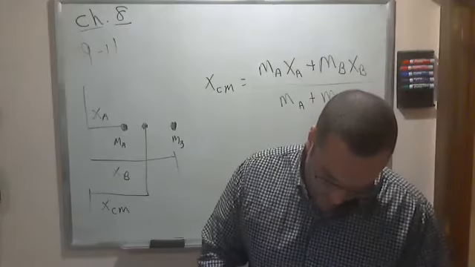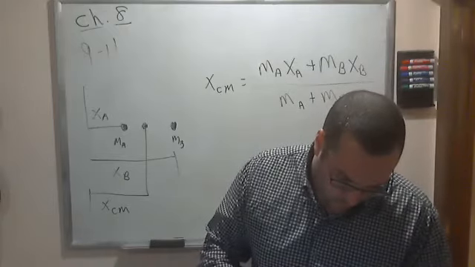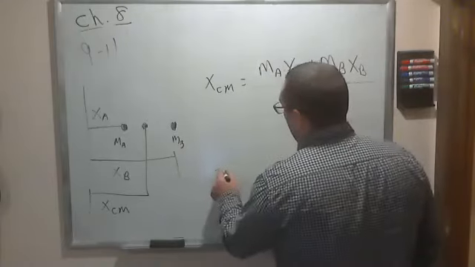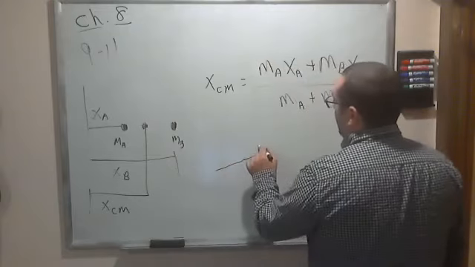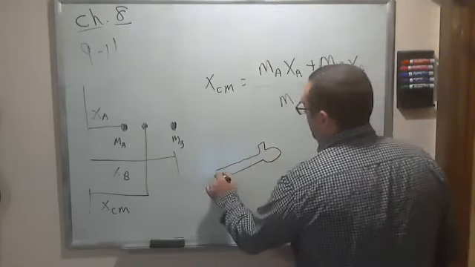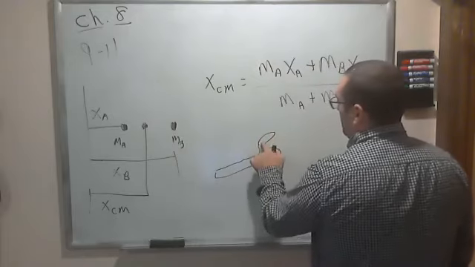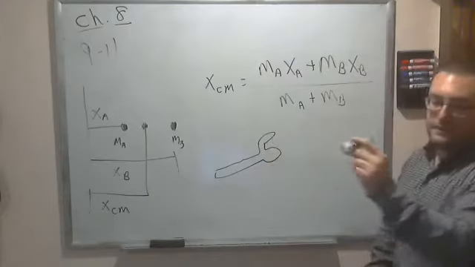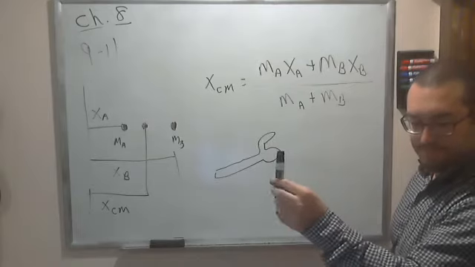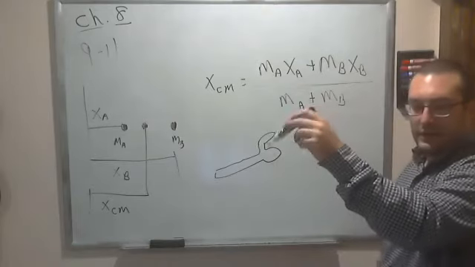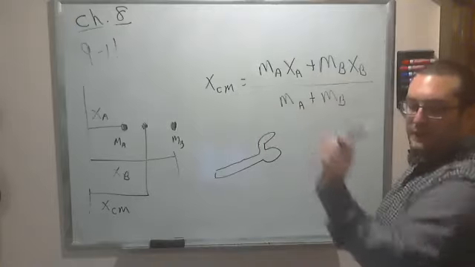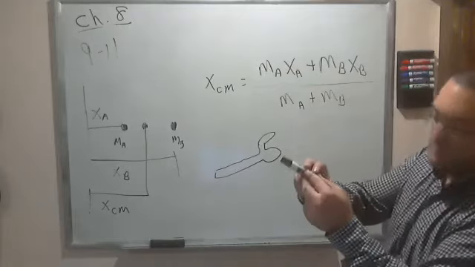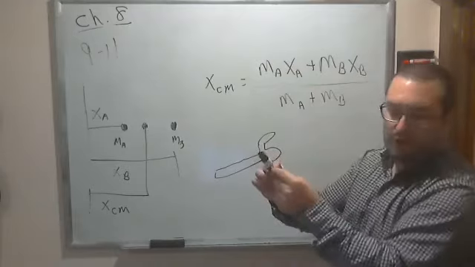Now, where this comes into play, imagine if we throw an object. Let's say, in the book, they throw a wrench. Let's say I throw a wrench or this marker. How will it spin? Not only will it move in projectile motion, but the object itself will probably have some kind of rotational motion.